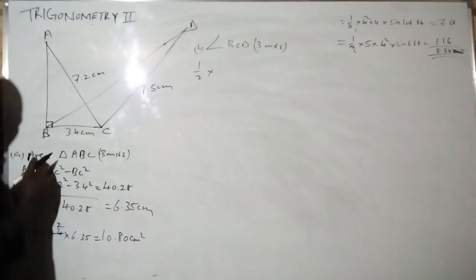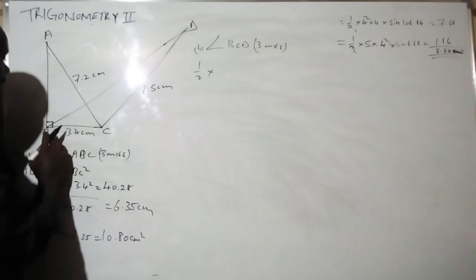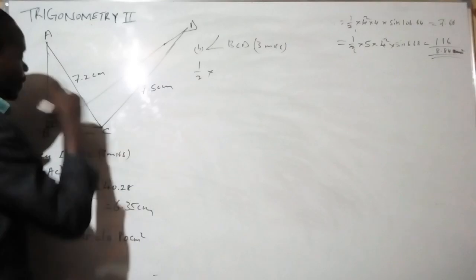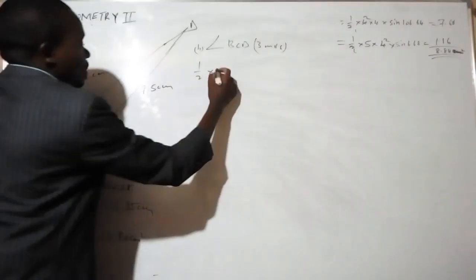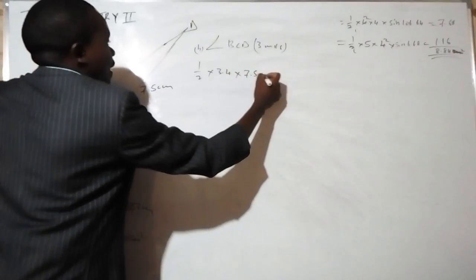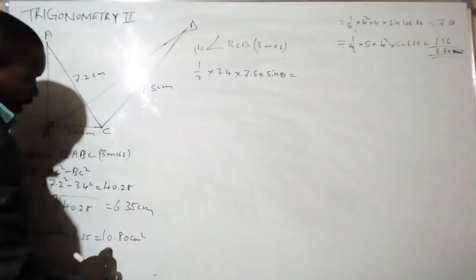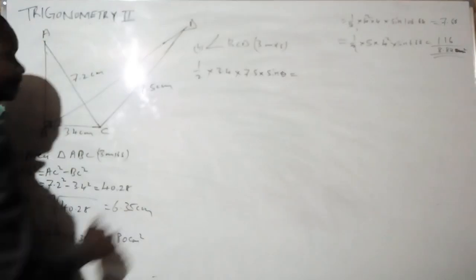We are going to use the sine rule. Half times 3.4 times 7.5 times sine theta, which we don't know, is equal to the area that we computed in part A, 10.8.